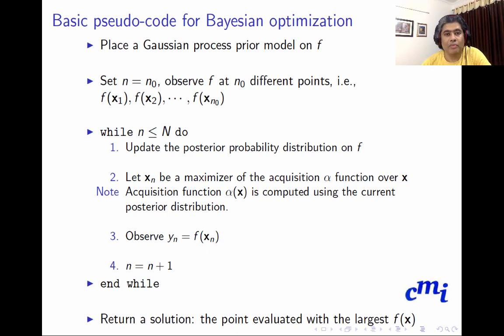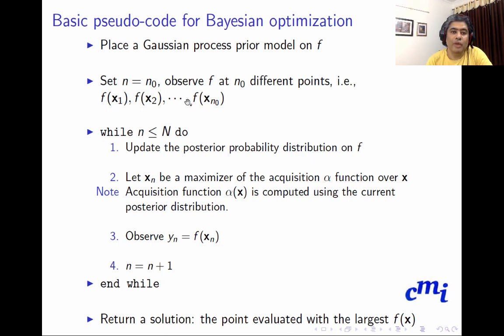Then you choose another set of hyperparameters, that is your x2, and for that hyperparameter you run the deep network model, you fit the deep net, and once you fit it you evaluate it on the validation dataset and compute the accuracy, and that accuracy is your f of x2. In this way you do it for a certain number of observations, say n0 is 15 or 20. Then you update the posterior distribution of f.